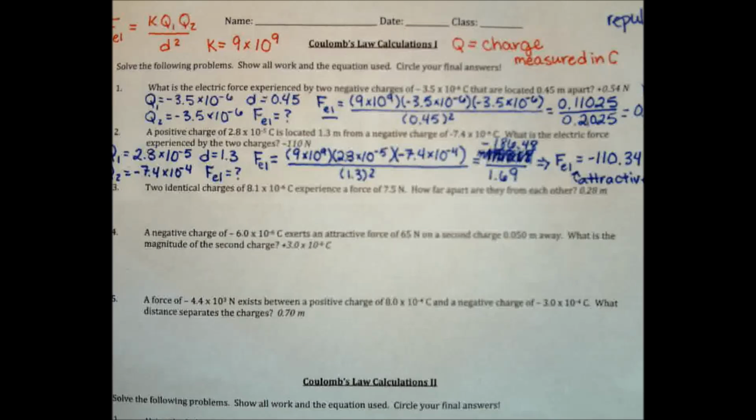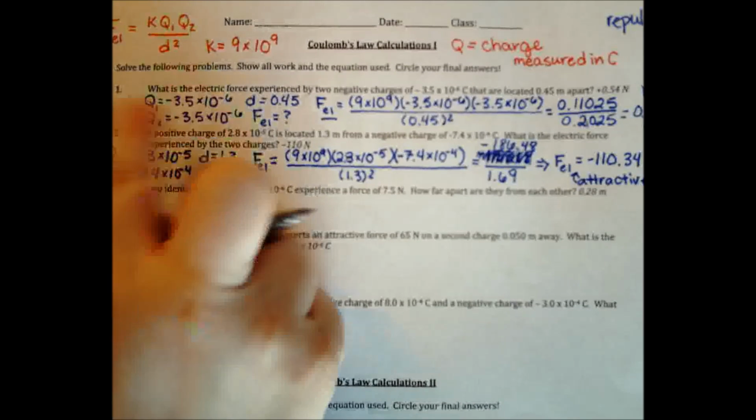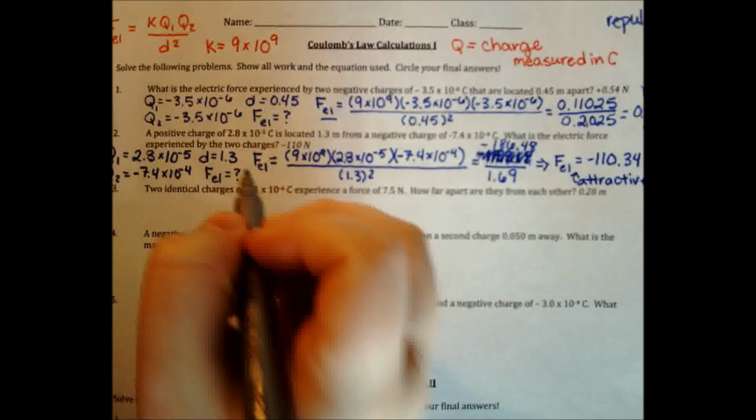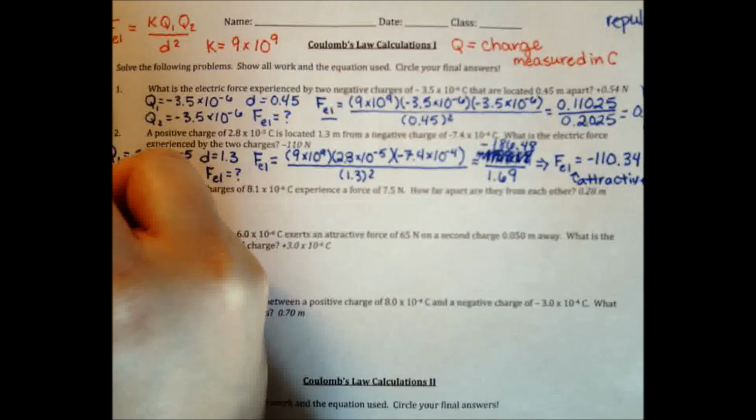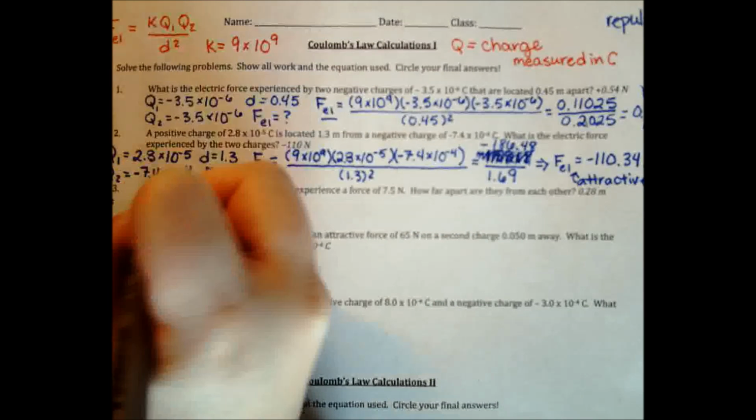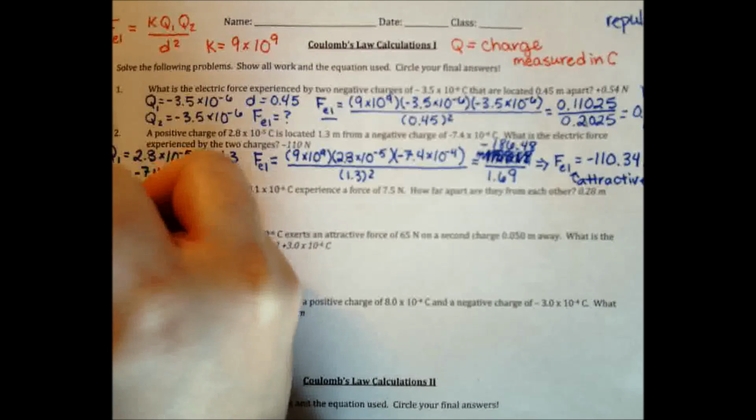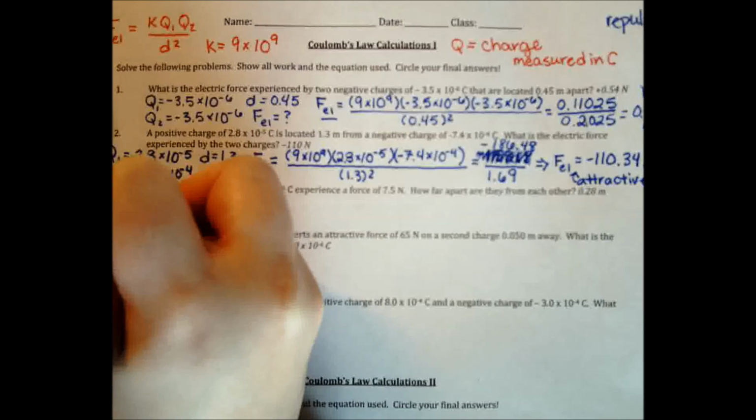Alright, number 3. Two identical charges of 8.1 times 10 to the negative 6th experience a force of 7.5 newtons. How far apart are they from each other? Alright, so we have to switch things up a little here. Our charges are identical, which is like number 1. So Q1 is 8.1 times 10 to the negative 6th.